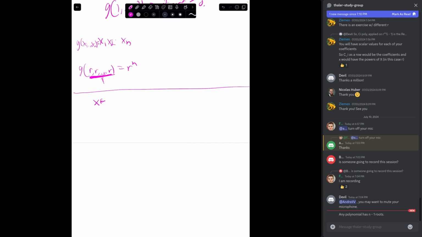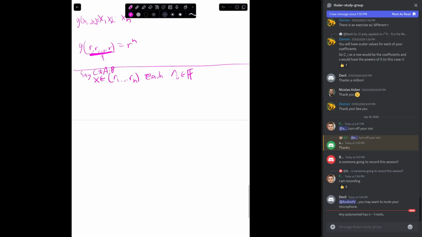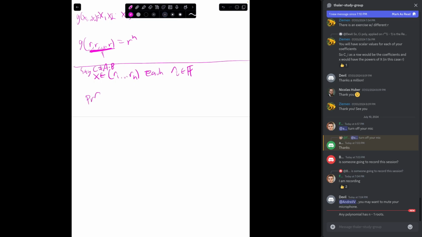If you let x be n random values, r1 to rn, each random from the field, and let's say C does not equal A times B, then the probability that Cx equals A times Bx is at most 1 over the size of the field, which compares favorably to what we saw before, where x was powers of a single random r, where the failure probability was n minus 1 over the size of the field.